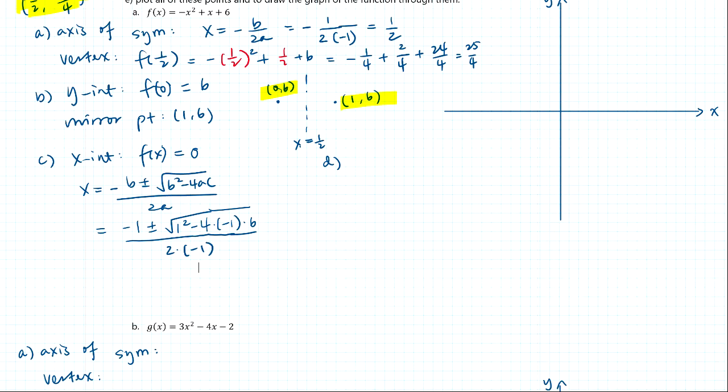Simplify this. Just cancel each other out. It's plus minus 5.